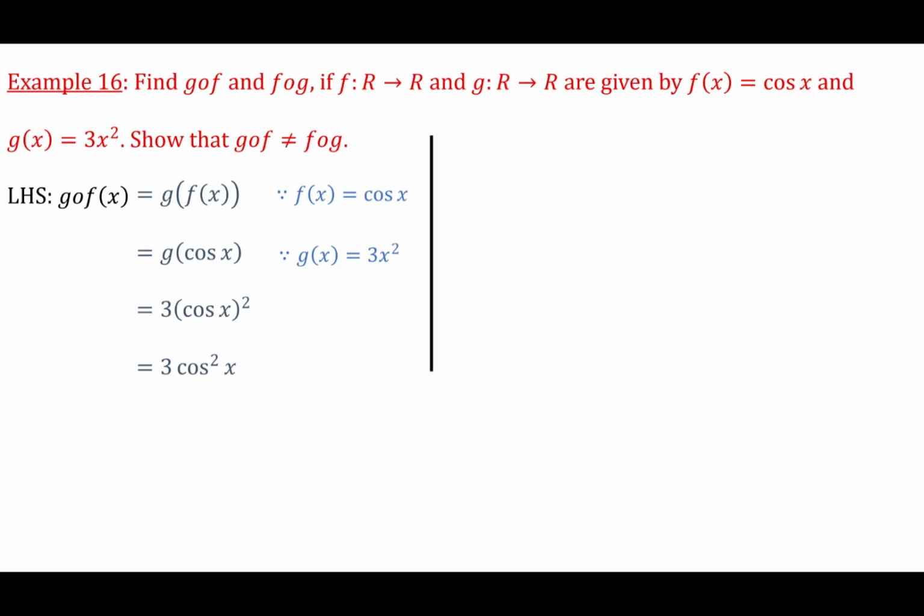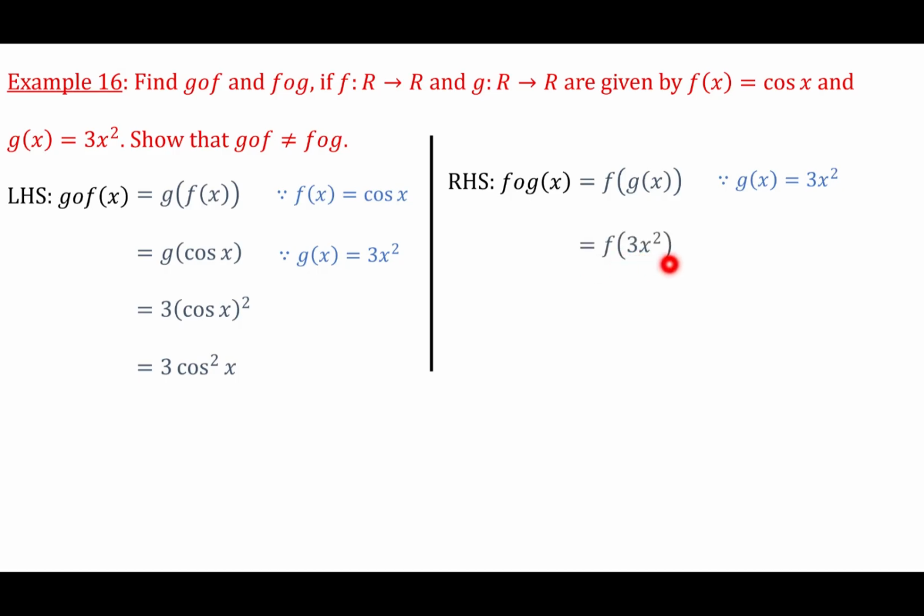I have to find for the right hand side, which is f circle g of x. F circle g of x is nothing but f of g of x. And the value of g of x is given, 3x squared. So in place of g of x, I will write 3x squared, which is f of 3x squared.